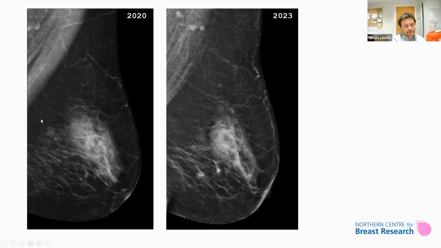Mammograms generally are, most of the breast tissue is a dark grey colour, which is fat, and the cloudy, darker, denser material is the glandular tissue. And every woman's breast tissue is different in terms of the amount of fat versus the glandular tissue, in other words, the breast density. So this lady in 2023 had a new abnormality, which is easy to spot because it's there within the fatty tissue, and that turned out to be a grade 1 invasive ductal carcinoma.